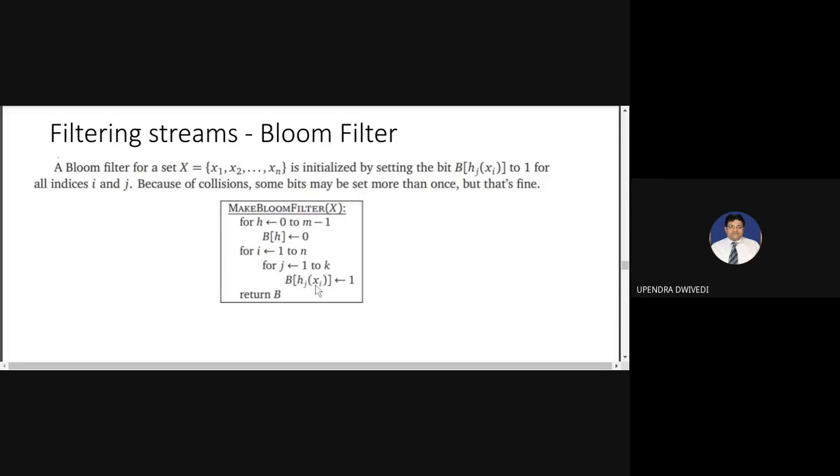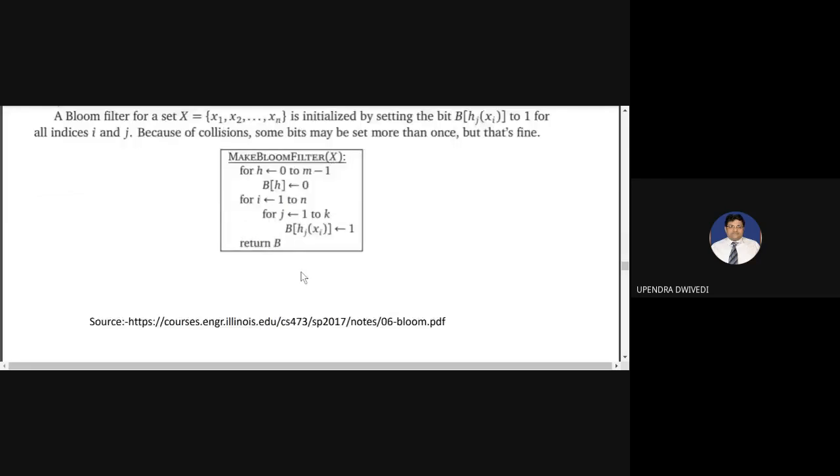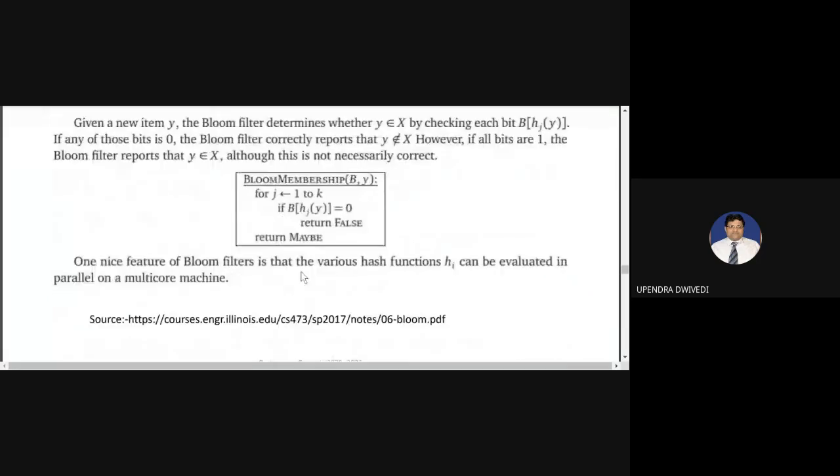It is possible that one of the values was already set to 1 by an earlier statement, so that is simply rewritten to 1. Any remaining 0 at a location will be set to 1, and after that we return b. So what we are doing here is returning the bit array. Now go to the next.